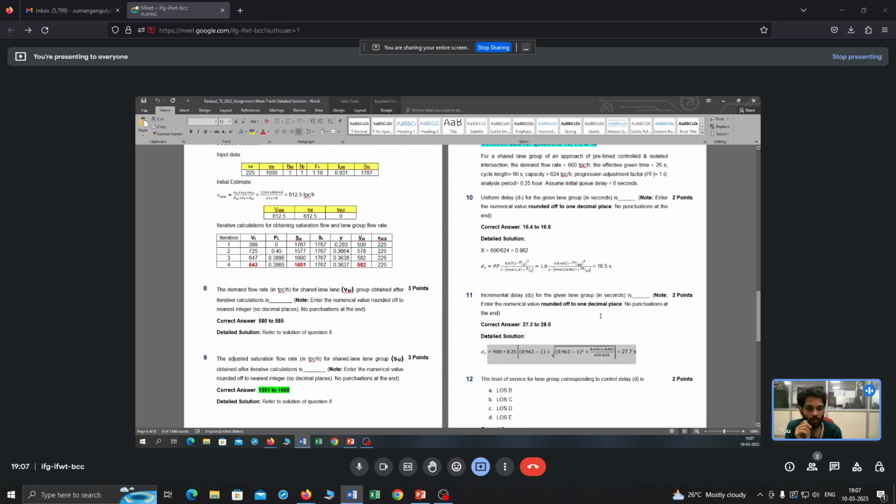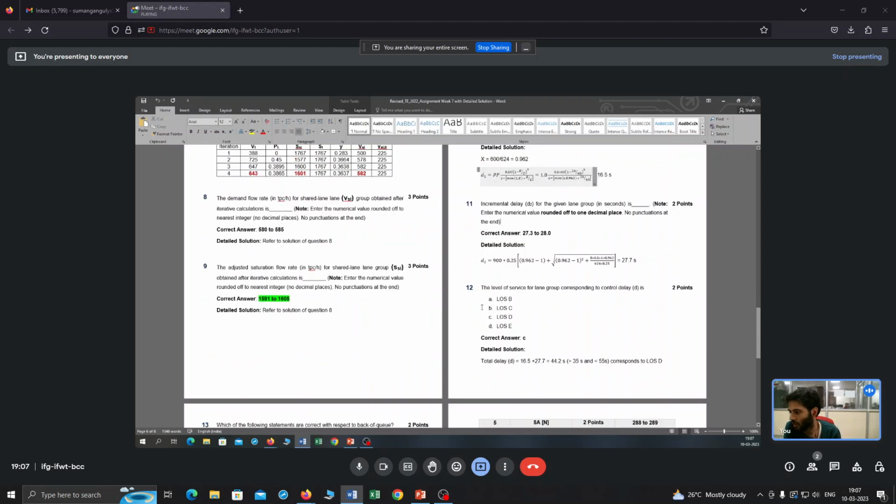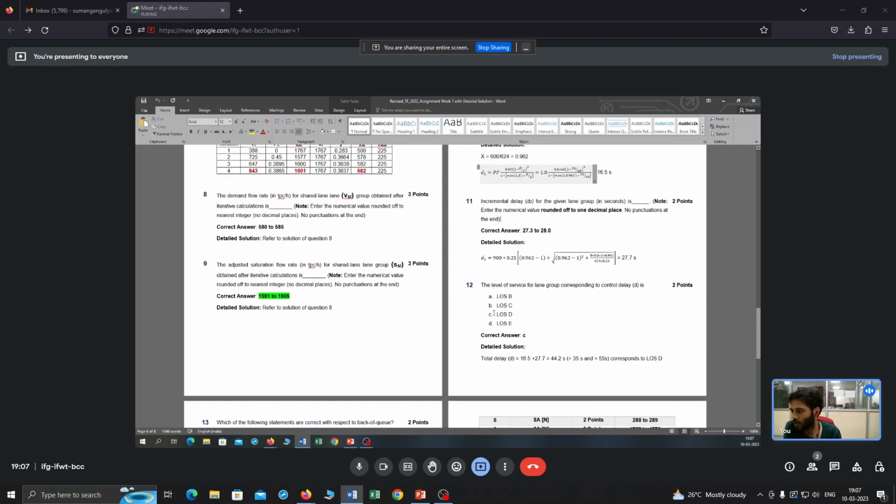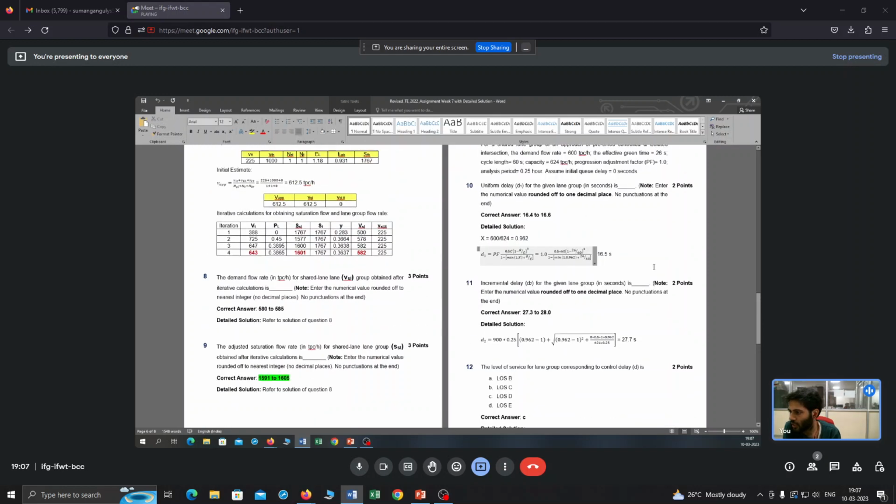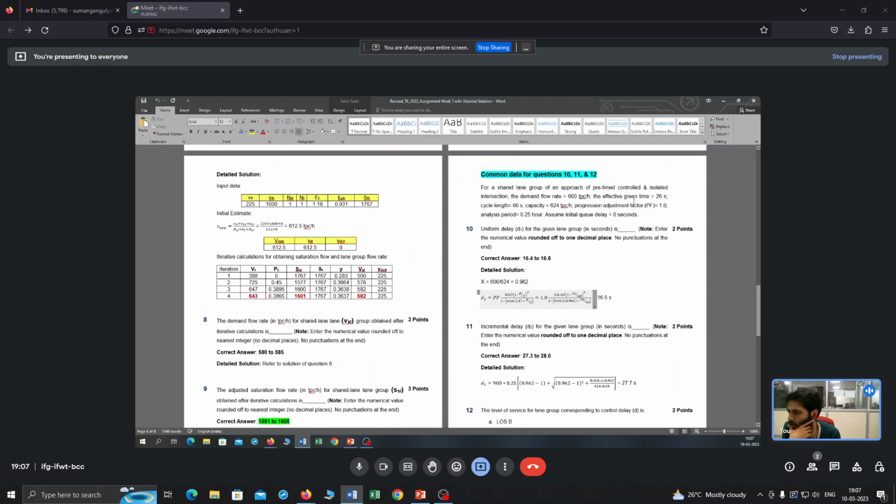So x is your v/c ratio. Once you know that, other things are given, and here your d3 component is not there, so it is only d1 and d2, right? So based on control delay, I think it is not an oversaturated case. See, it is written for this problem to assume initial queue delay is equal to 0.